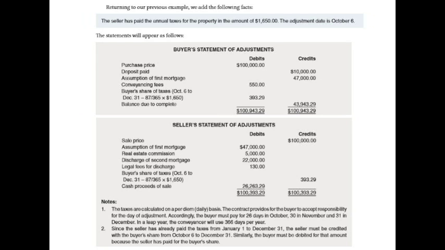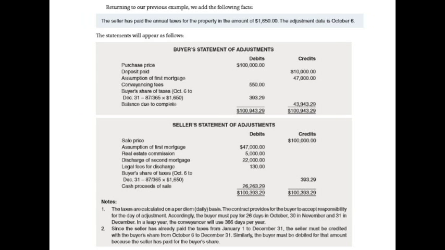Now we go to the seller's statement of adjustments. The sale price will be in the happy face, a credit, 100 grand. The assumption of the first mortgage will be a negative, a frowny face in the left column, 47 grand debit. Real estate commission will also be a negative debit, frowny face, 5 grand, left column.